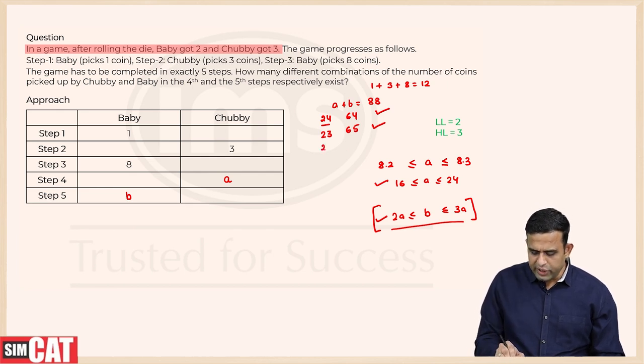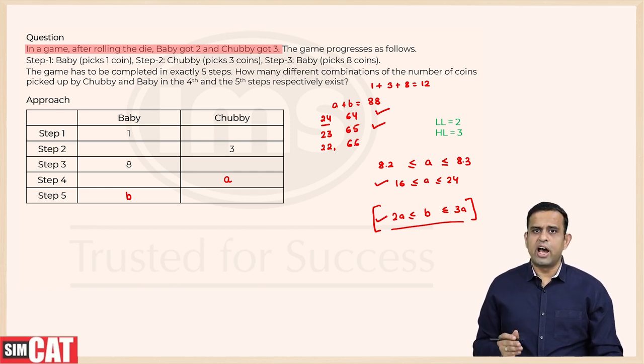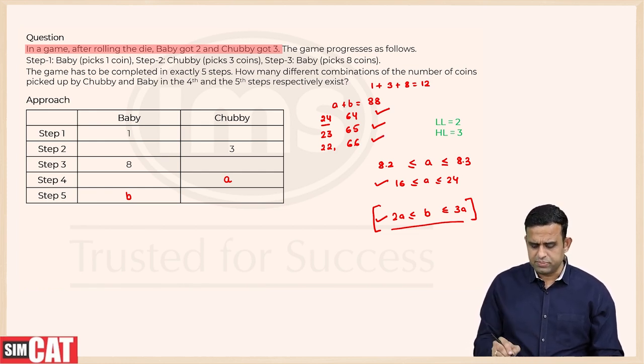If I take the number 22, in that particular case, B will become 66. And now if you look at it, the value of 2A becomes 44 and the value of 3A becomes 66, and the value of B is exactly between 44 and 66, including both extreme points. This case is also perfectly fine.